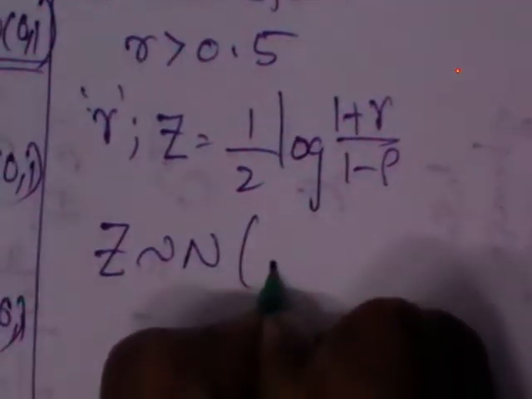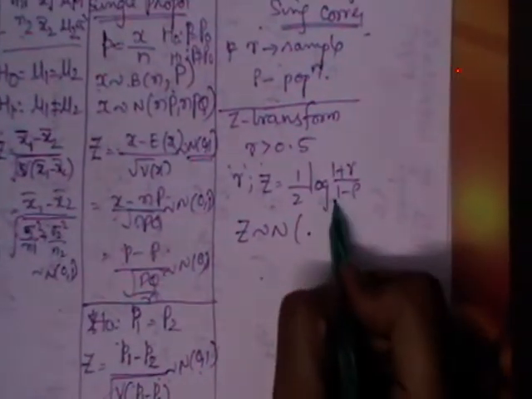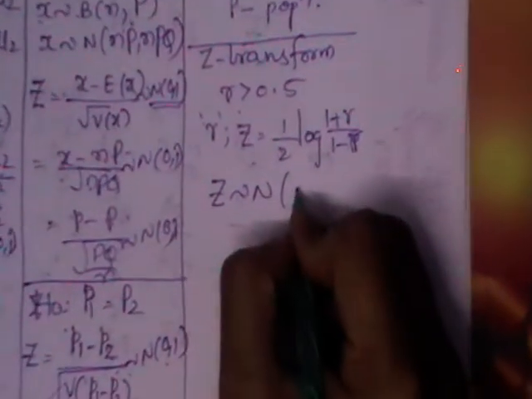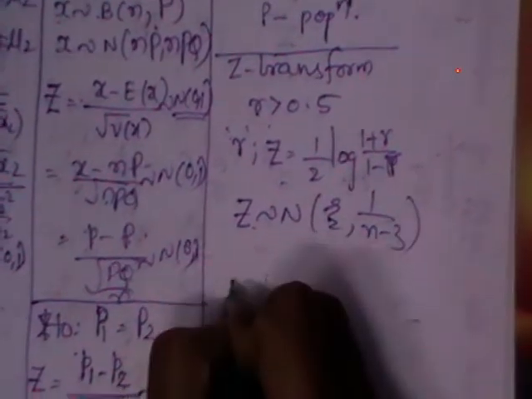To define the test statistic, it should follow a normal distribution. Likewise, this Z follows a normal distribution with mean zeta and variance 1 by n minus 3.